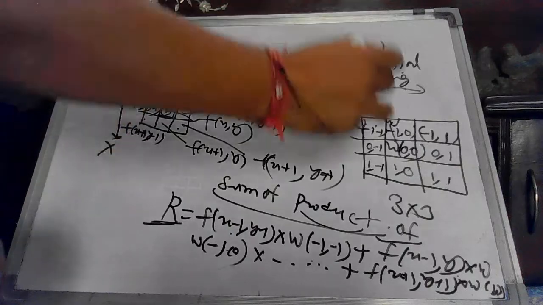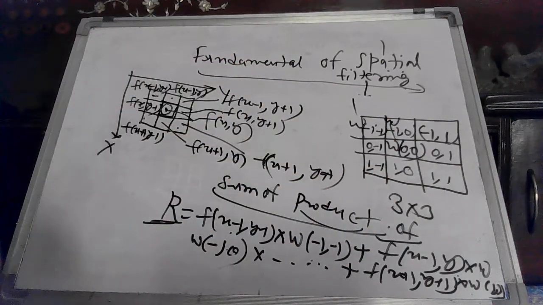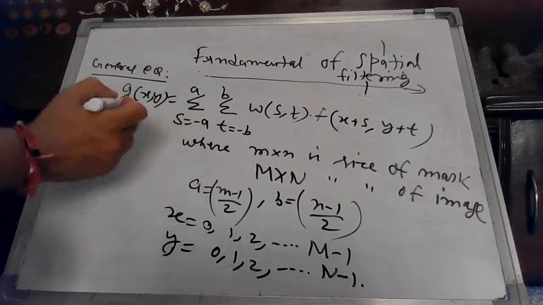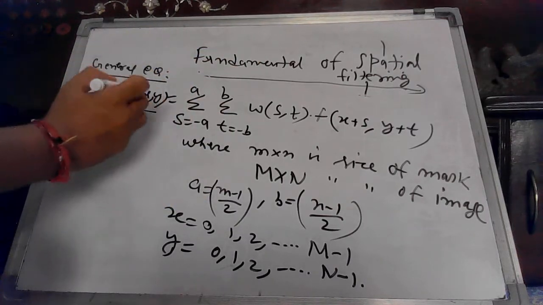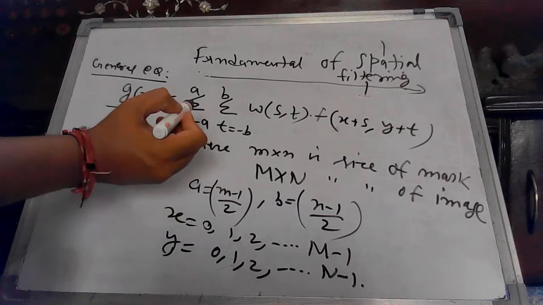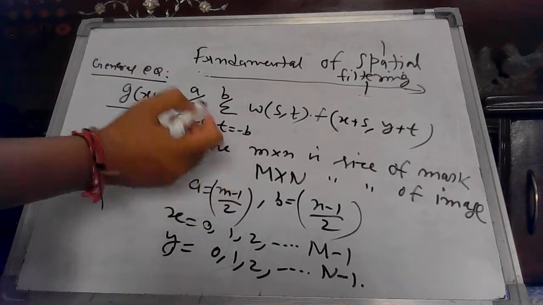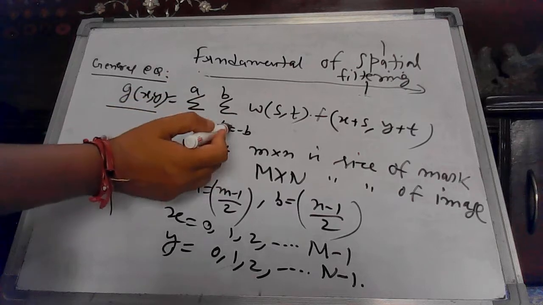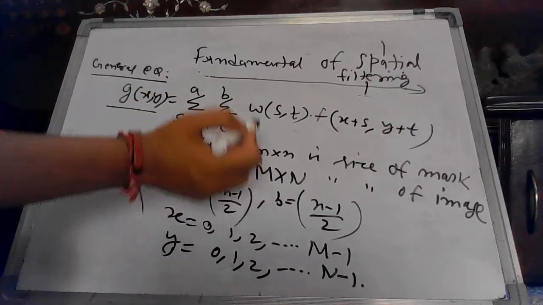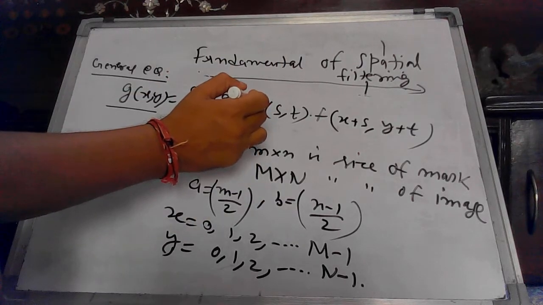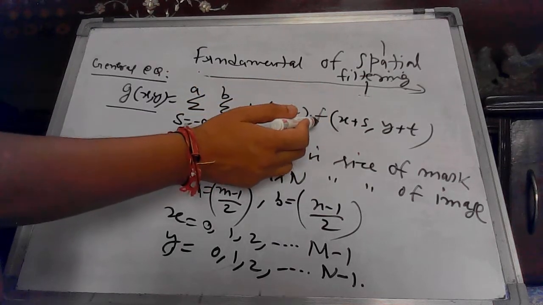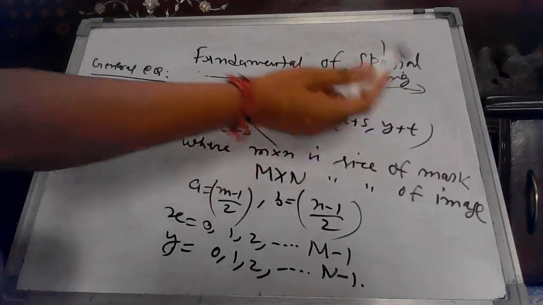So now you see the general formula for a spatial domain filter. In general you can see the equation of spatial filtering, that you get g of x, y, the resultant image, when you are doing summation over minus a to a and minus b to b of the mask w of s, t multiplied by the image f of x plus s and y plus t.